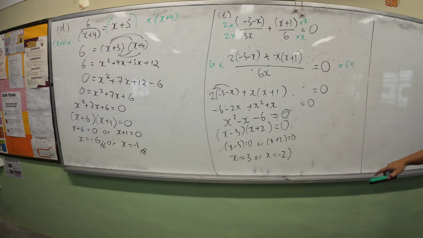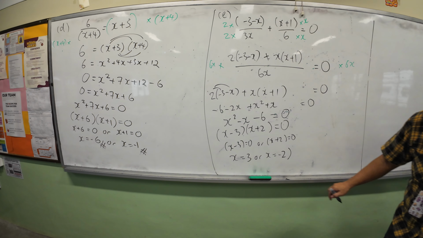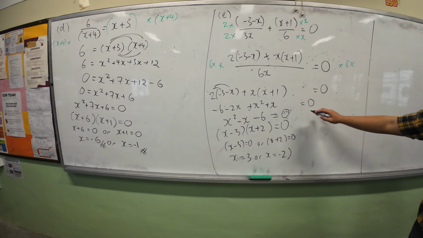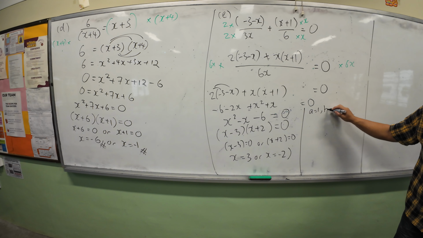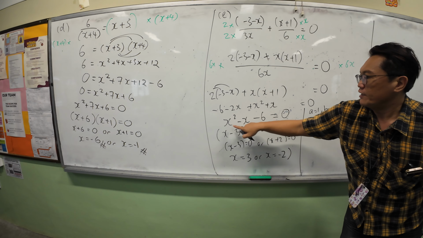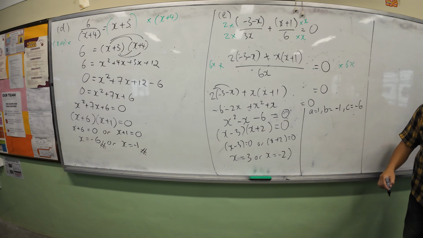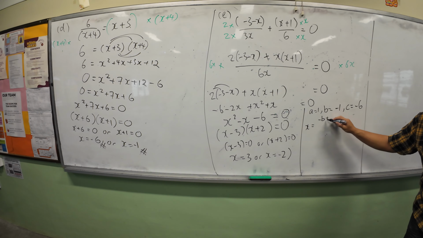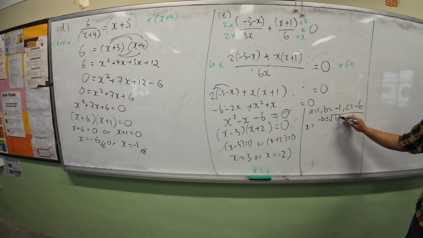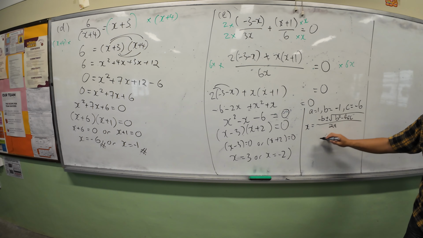Okay, for this one, I'll do the quadratic formula also. So from here, I will see that A is 1, B is negative 1, C is negative 6. Then use my quadratic formula, x equals to negative b plus minus square root of b squared minus 4ac, divided by 2a. Do my substitution.